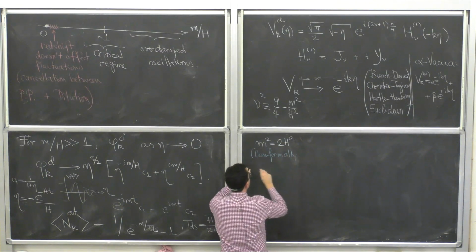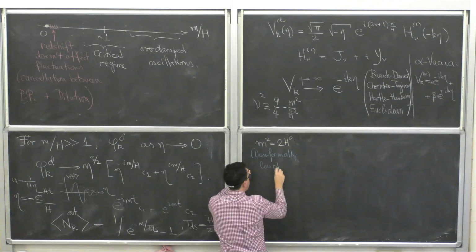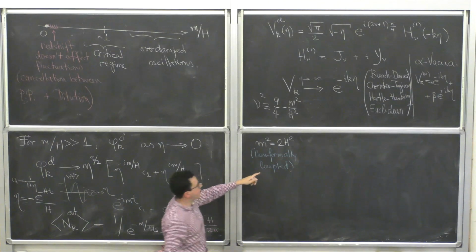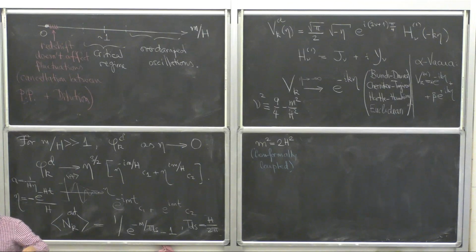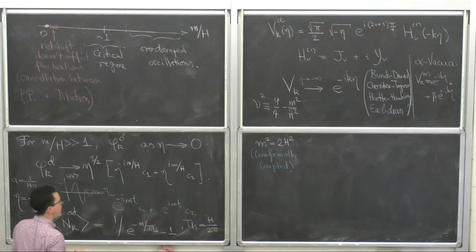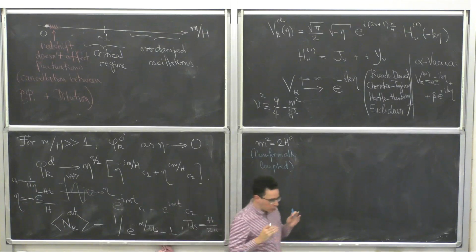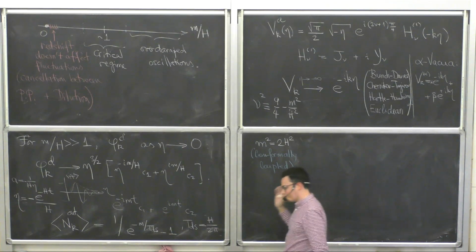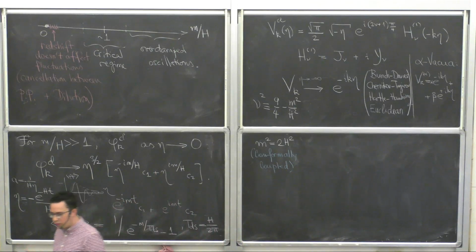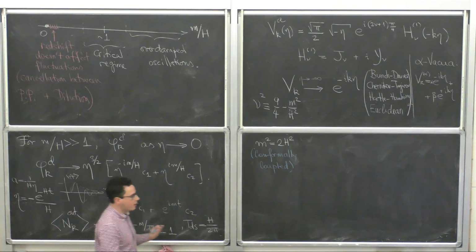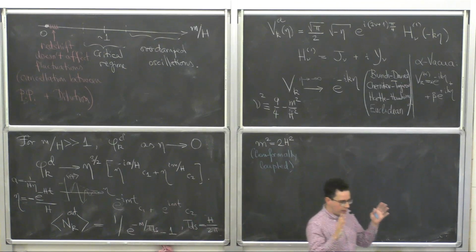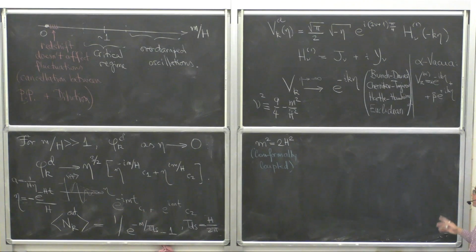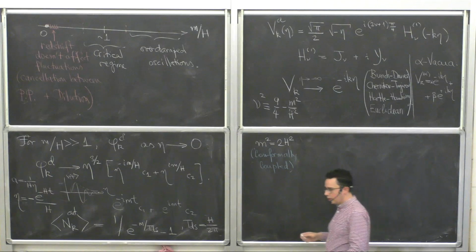This is called the conformally coupled scalar. That's because for m squared equals 2H squared, you're really just describing a massless field in flat space. There's a conformal transformation that turns this action. You can interpret the action in two different ways. It's a massless field in flat space, or you do a field redefinition and it's a field of mass squared equal to 2H squared in de Sitter space, okay?